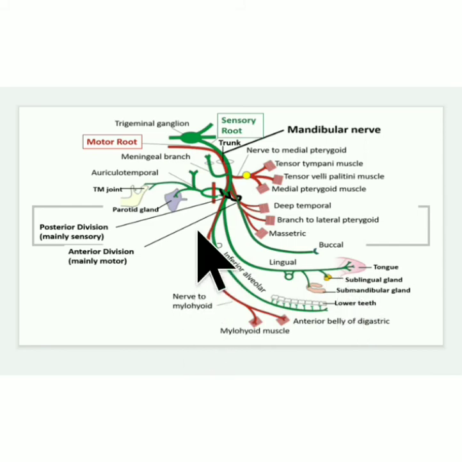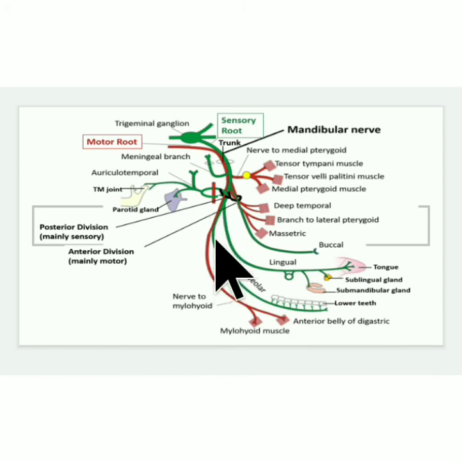The last branch of the posterior division is the inferior alveolar nerve. It runs vertically downward, lateral to the medial pterygoid and the sphenomandibular ligament.